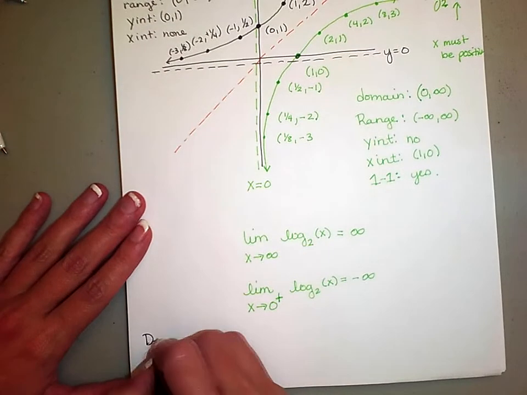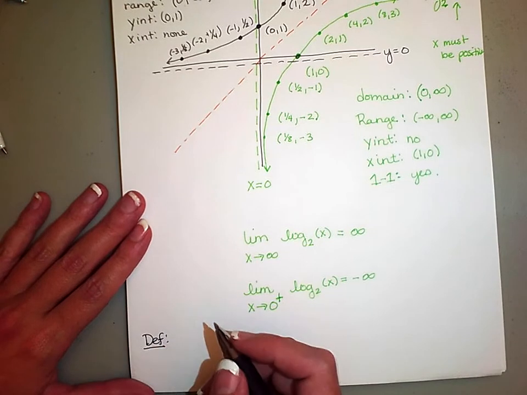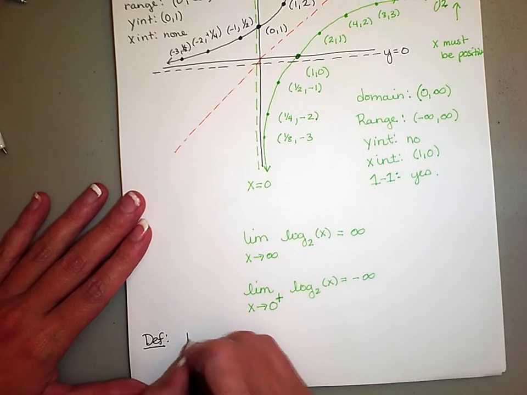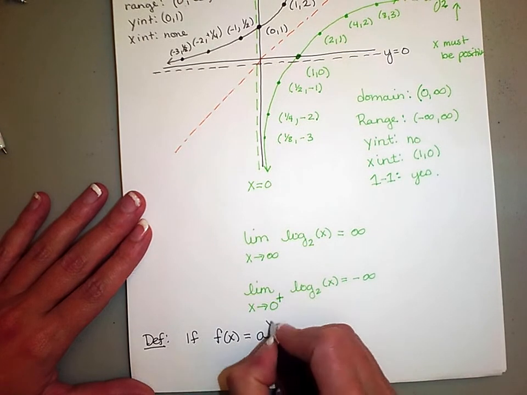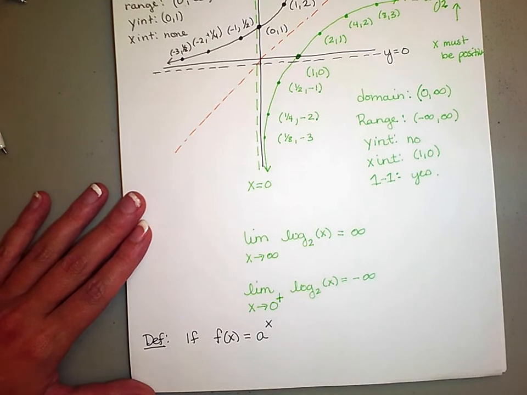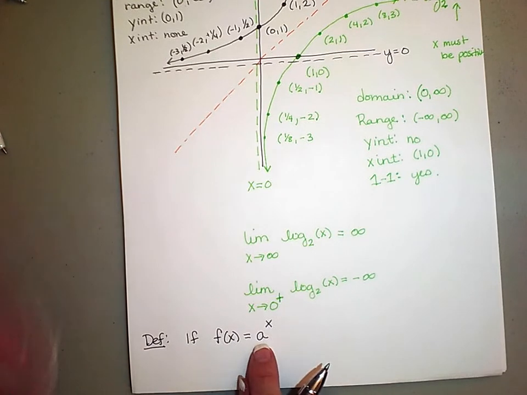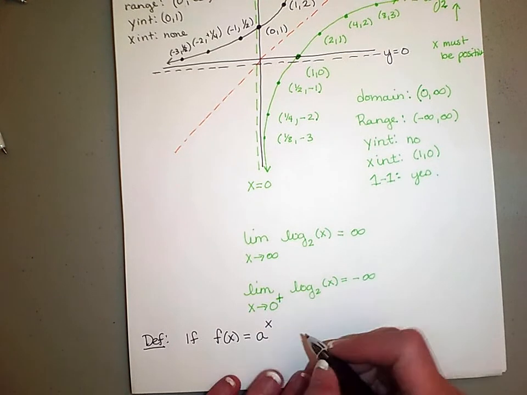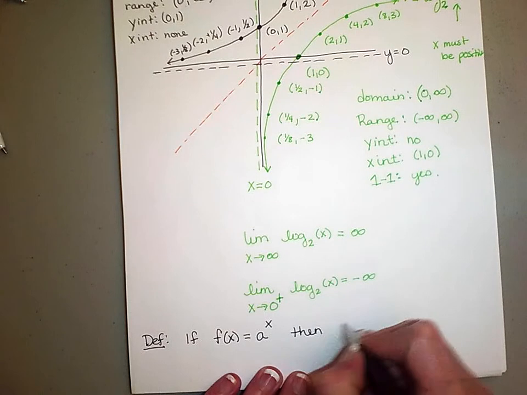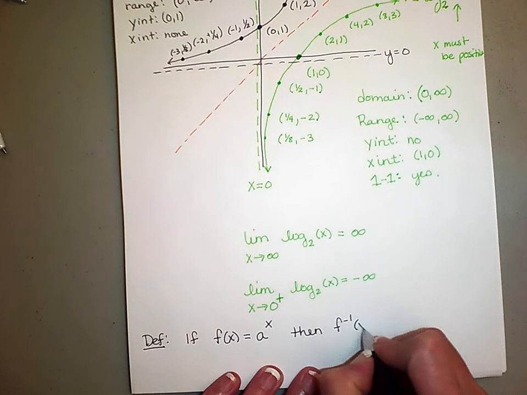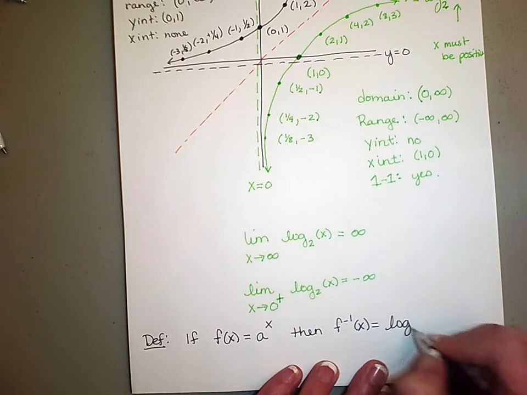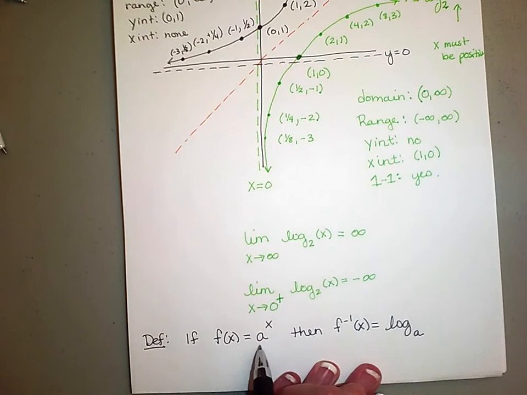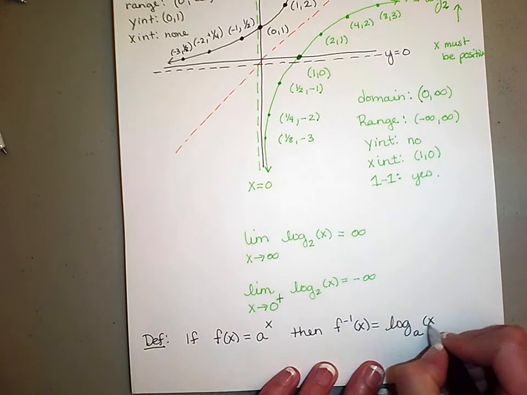So I should give you a definition. If we have some function f(x) equal to a to the x, where a could be 2, 3, 4, anything but 1, then f inverse of x is equal to the log, with whatever base is here, of x.